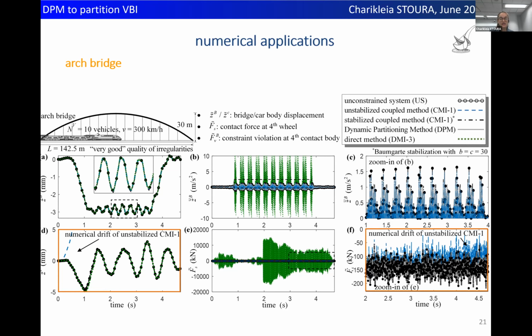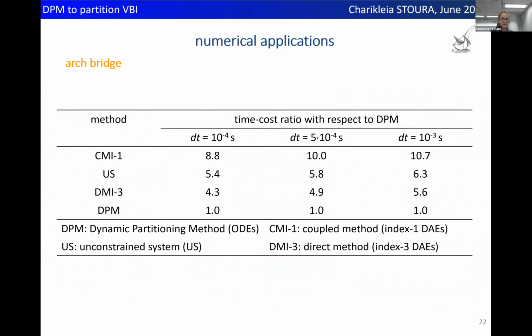Specifically, the unstabilized index 1 differential algebraic equation solution leads to numerical instabilities as soon as the vehicle enters the bridge. Then, an index 3 differential algebraic equation solution leads to instabilities of purely numerical nature in the bridge acceleration and the contact force of the vehicle.